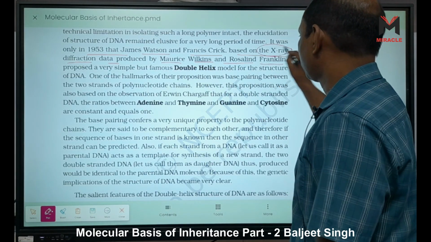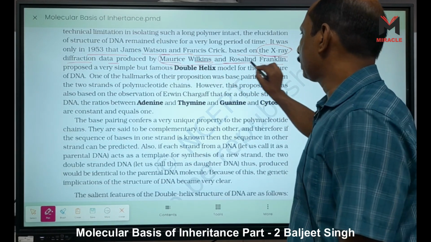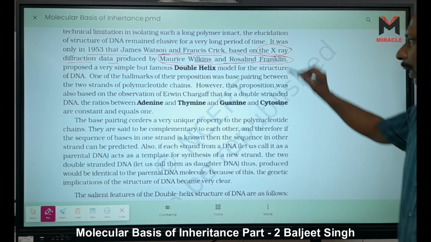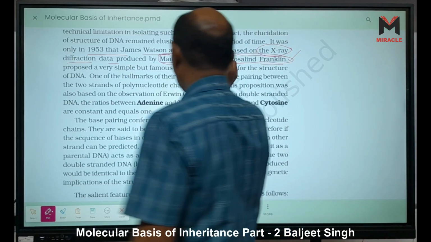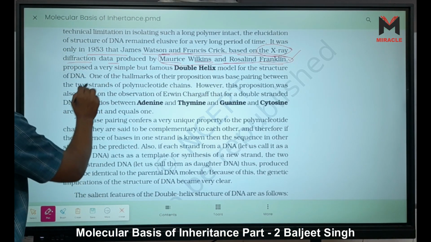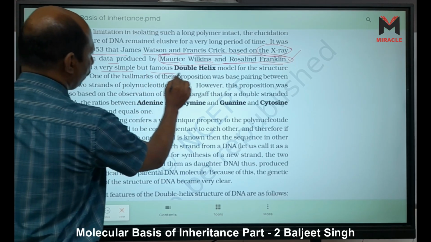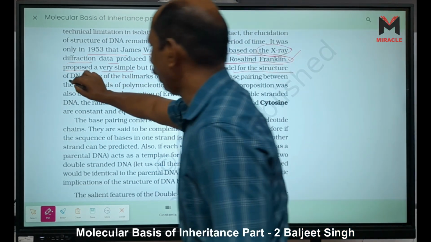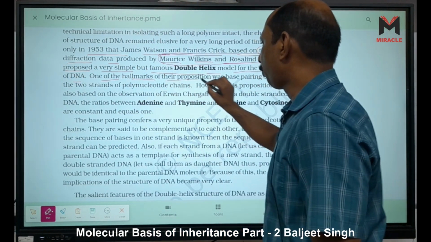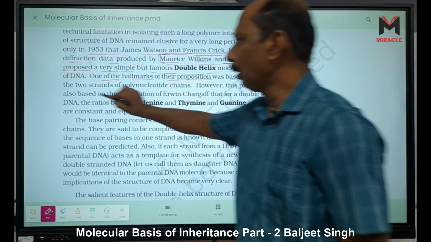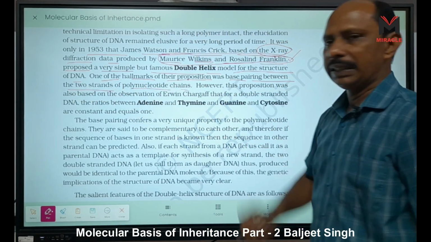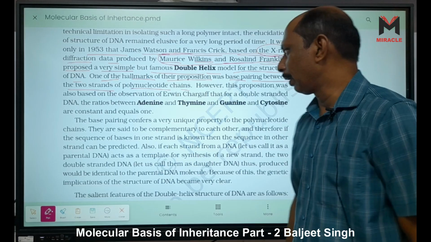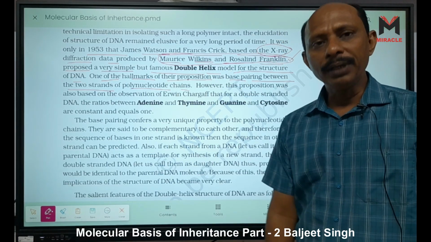By using this data, Watson and Crick in 1953 proposed a very simple but famous double helical structure, or double helix model, for the structure of DNA. One of the hallmarks of their proposition was base pairing between the two strands of the polynucleotide chain, right? They first proposed this double helical structure of DNA, and they gave the model of B-DNA.